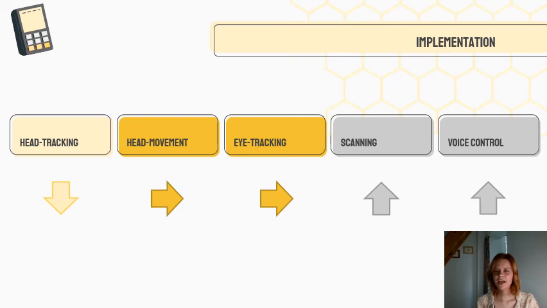So that means hand tracking is very simple to implement. Head movements and eye tracking are kind of okay-ish, and the scanning and voice control were a lot of work because of the point scanning I had to implement. So it's not really surprising that so few games are adapted to be more accessible, because it's a lot of work and a lot of changes necessary.